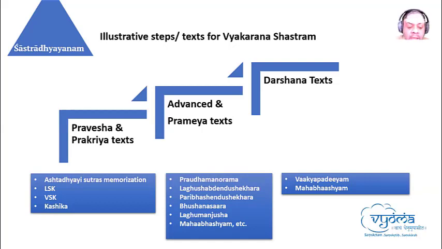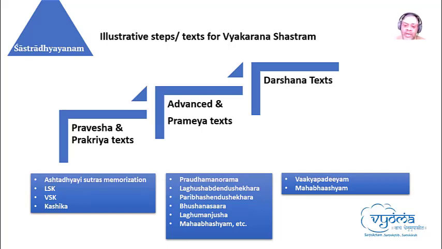So Ashtadhyayi Sutras, memorizing the Ashtadhyayi Sutras, Laghu Siddhanta Kaumudi, Vyakarana Siddhanta Kaumudi, Kashika. These are basic Ashtadhyayi Sutras and Paninian grammar. Panini's work is Ashtadhyayi. We understand Ashtadhyayi and related texts which explain the meaning of Ashtadhyayi Sutras with examples and some analysis. This is Pravesha and Prakriya text.